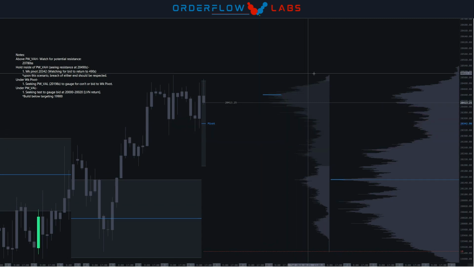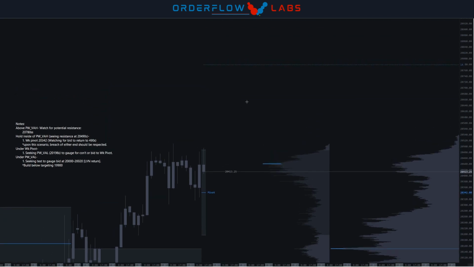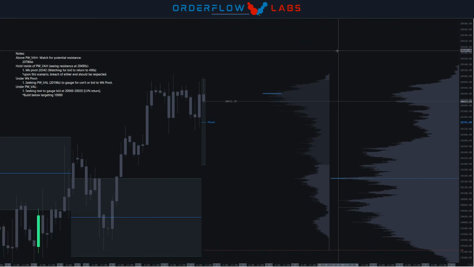Clearly, we have a distribution right here. And so above previous week's value area high, I want to seek potential resistance at the 20,780s, up in that range of the higher time frame.